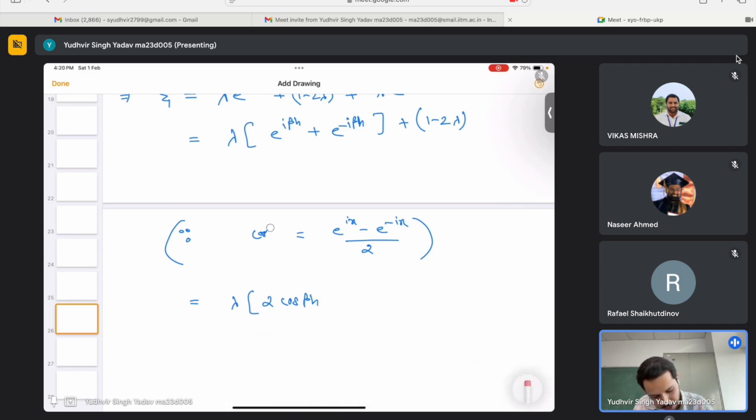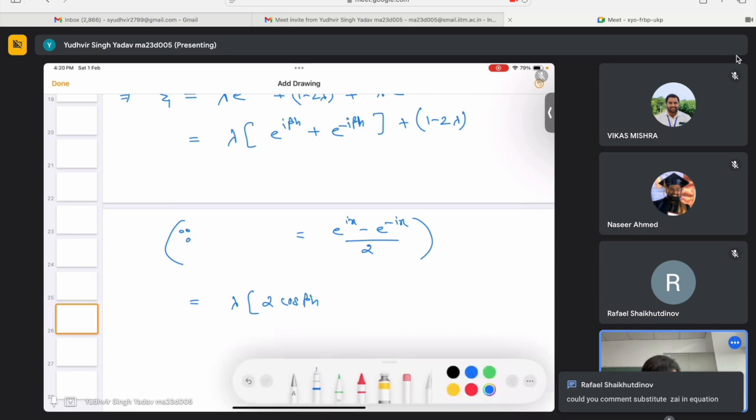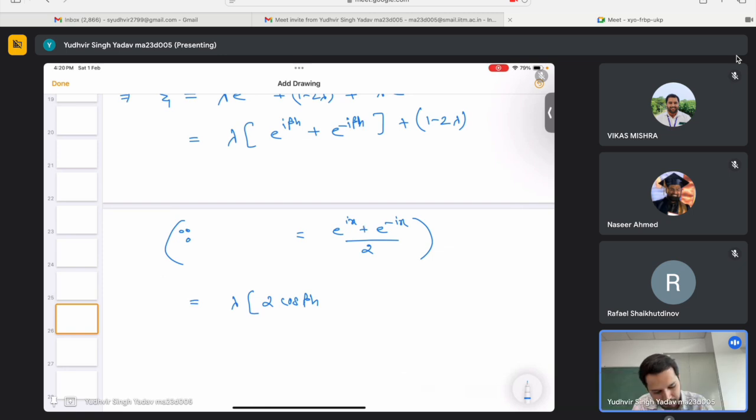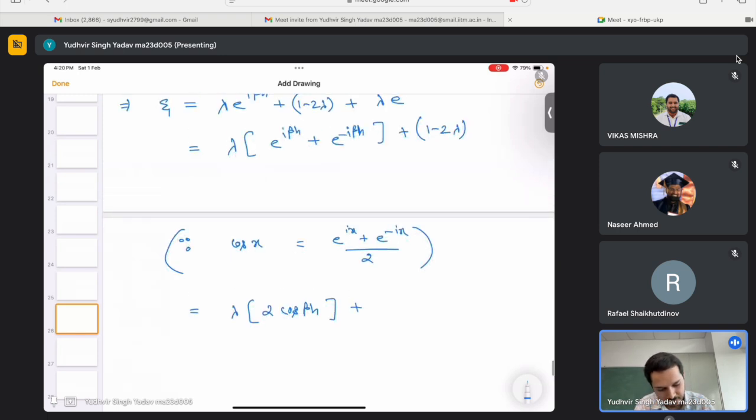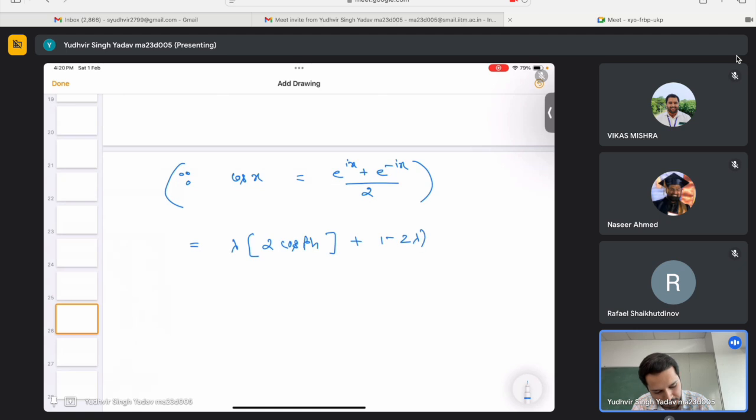Here it is not for cos hyperbolic, it is just for cos x. For cos hyperbolic we don't have iota, and it will be plus. So it is cos x. So we have lambda times 2 cos beta h plus 1 minus 2 lambda.